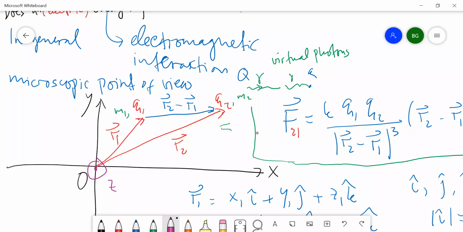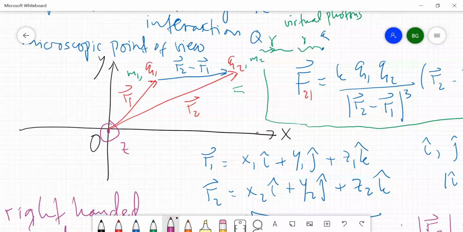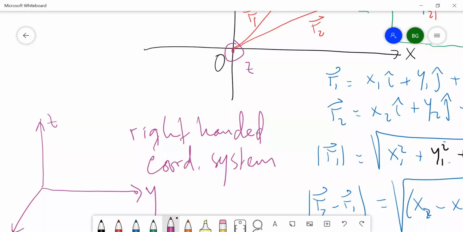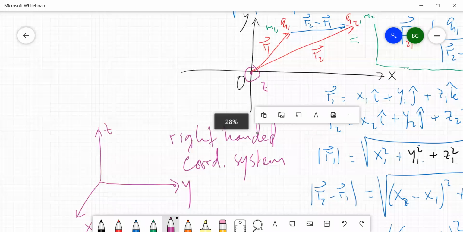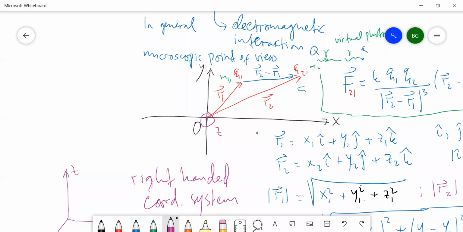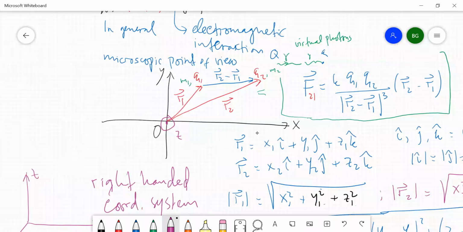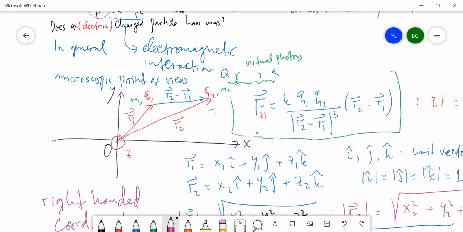Y vertikal, X horizontal, dan sumbu Z keluar dari bidang.